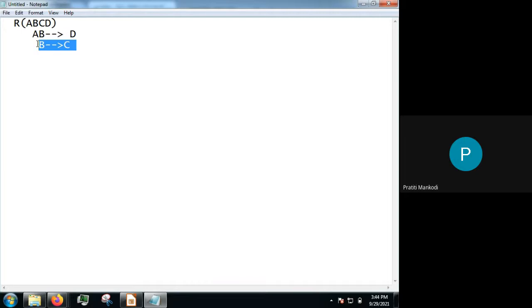So we should decompose the table in such a way that the non-key or non-prime attributes depend on prime attributes only. How many prime attributes are there? A and B. So in both tables, the data should be dependent on A and B only.